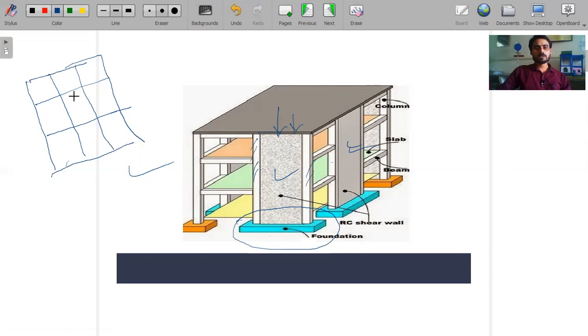On the basis of a lot of factors, we decide the location of a shear wall. It will be placed at a position that ensures maximum lateral stability to the structure. That is the plan.